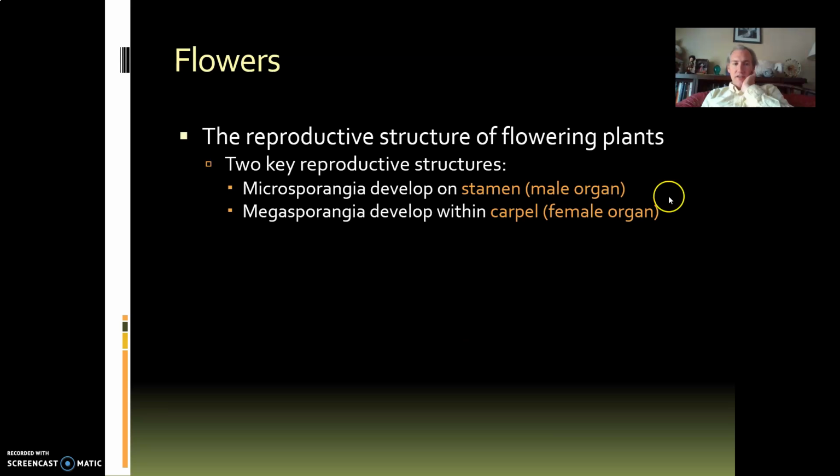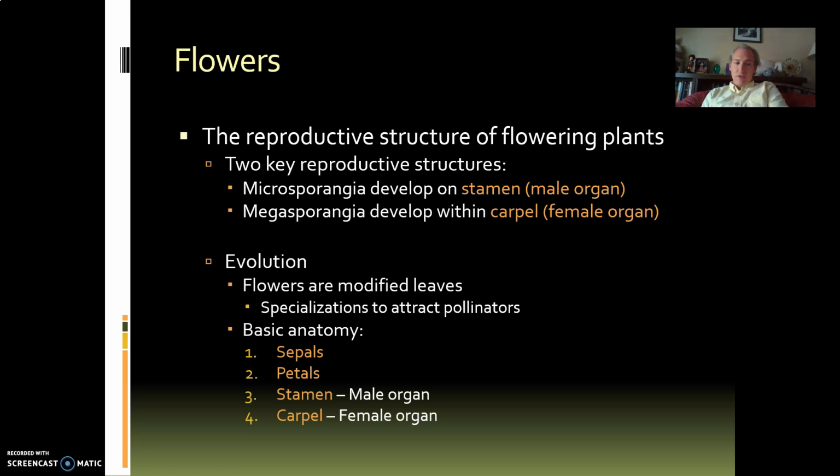Tons of variation in this. There's like 250,000 species of flowering plants. So a lot of diversity in the flowers, because when it comes to diversity, often it comes down to reproduction, and reproduction in flowering plants is going to be controlled by flowers.